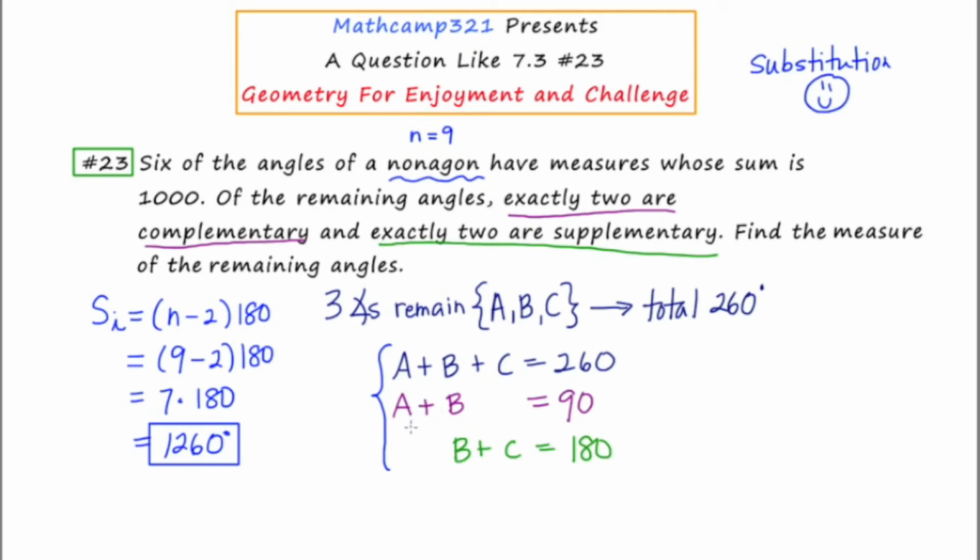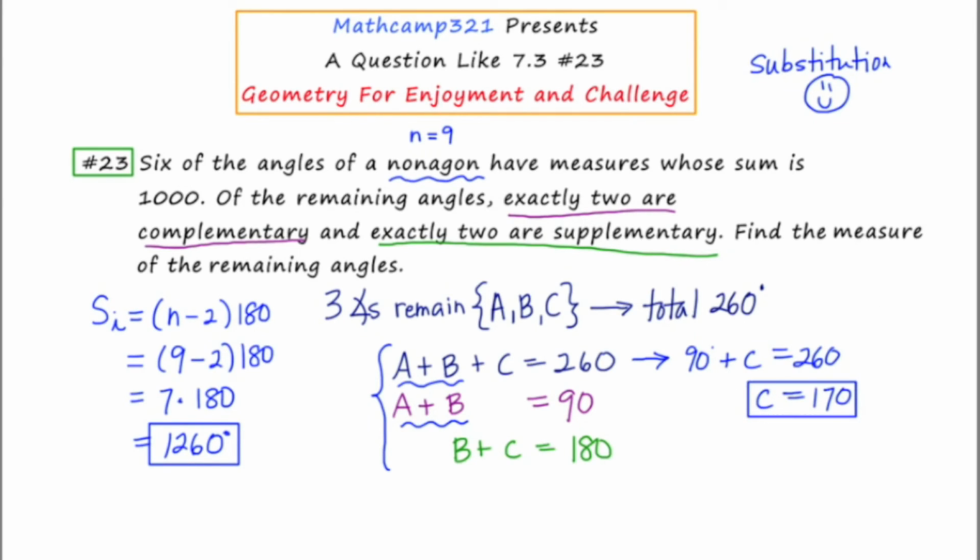So the first thing that I notice is that A plus B is in the second equation, and A plus B is also in the first equation. So what I could do is I could take that top equation, and instead of saying A plus B plus C equals 260, I could replace A plus B with 90, and say 90 plus C equals 260. And if I subtract 90 from both sides, I get C equals 170.